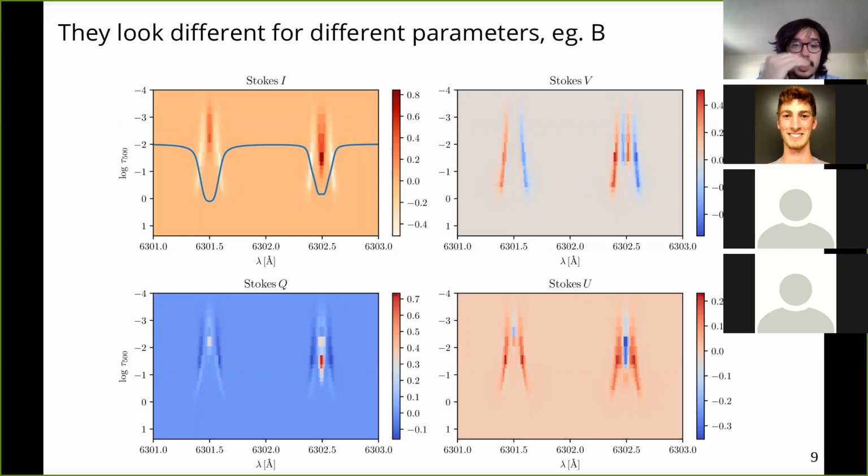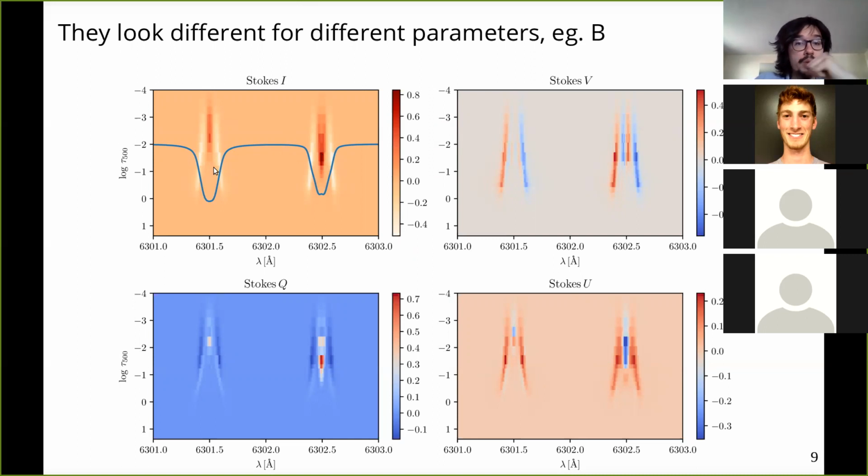So now you're looking at the response of these two spectral lines to the magnetic field magnitude, and not only of the Stokes I, as I have shown you before, but also the Stokes V, Q, and U. And these tell you something. When you look at them like this, you will say, oh, well, this tells us that the red line at 6302.5 is more sensitive to the magnetic field than the left one, which makes sense because its lambda factor is larger.